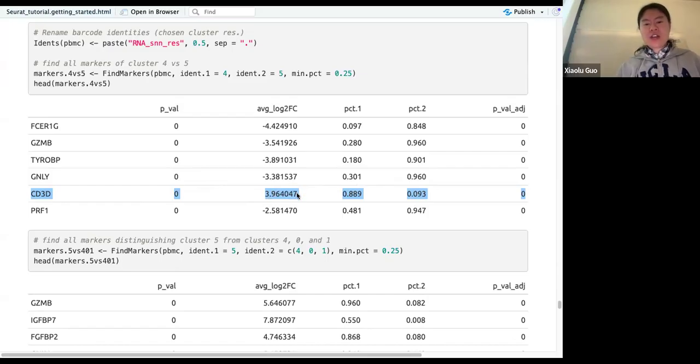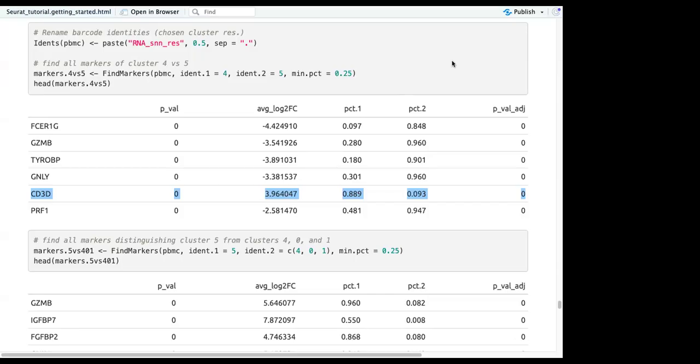And how much higher is given by this number, the log 2 of the fold difference, 3.96. Any question? I have a question.